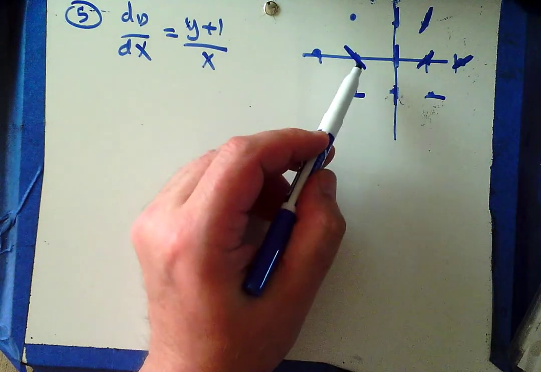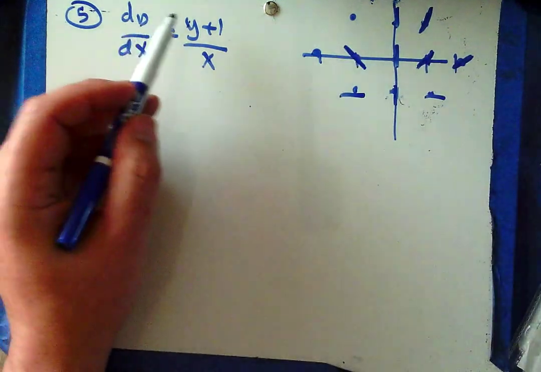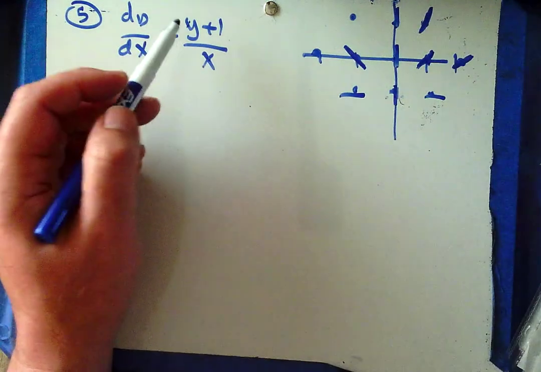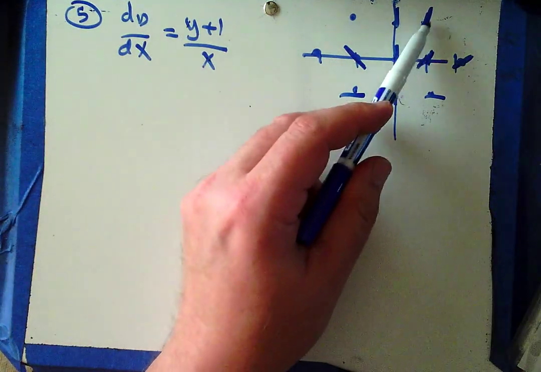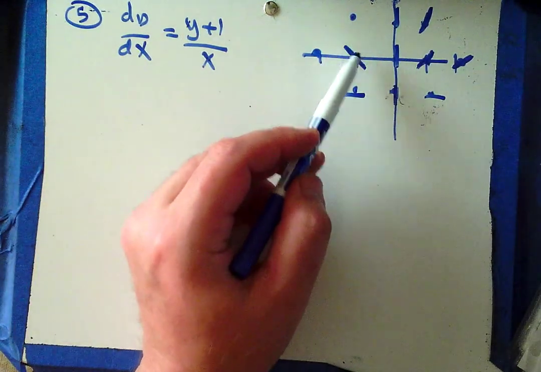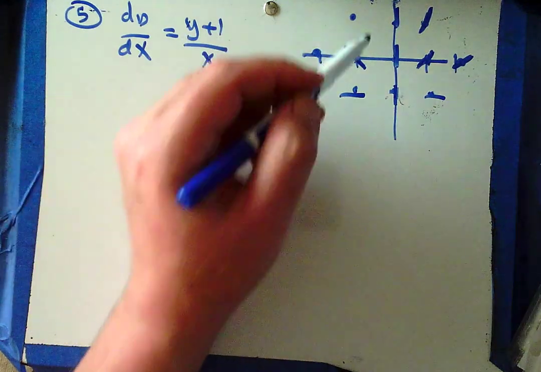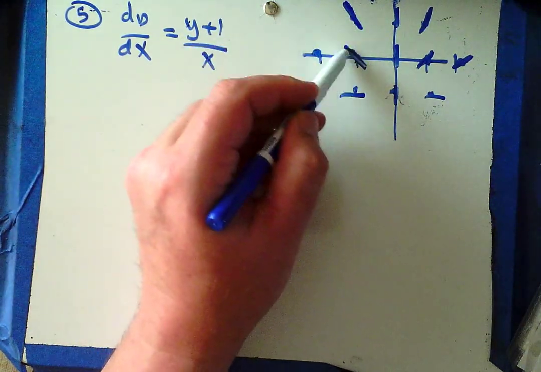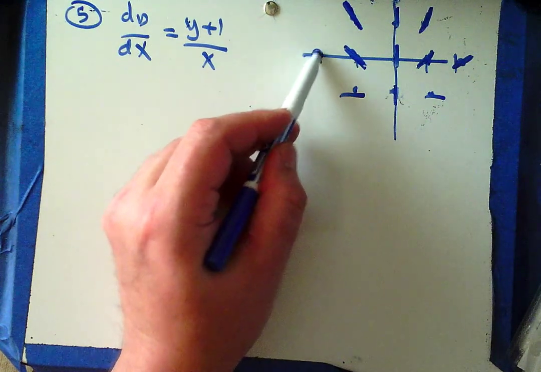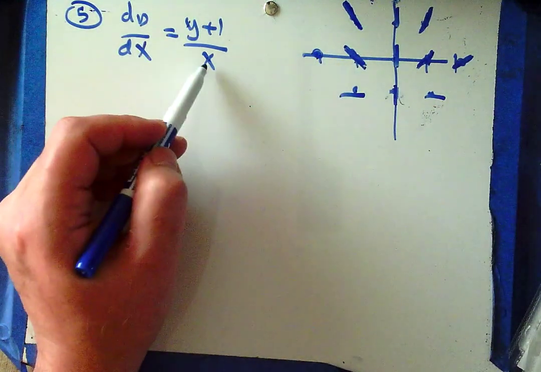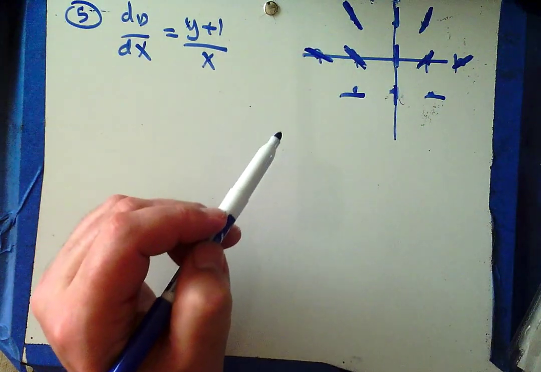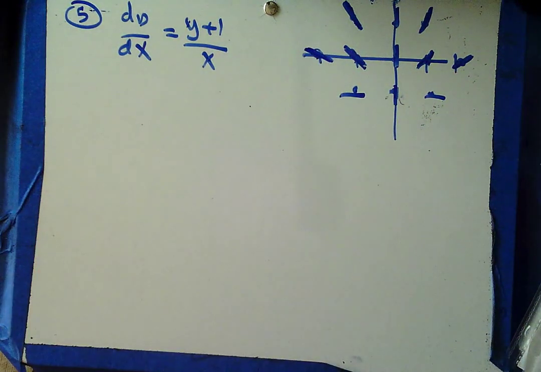If I plug in negative 1, 2, I have 3, negative 3. Did I have 3 here? Oh, that's not 2, that's 1. So 2, negative 2. And then if I plug in a negative 2, 0, I have negative 1 half. Okay, there's my slope field.